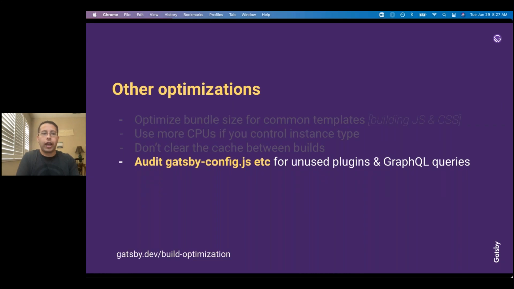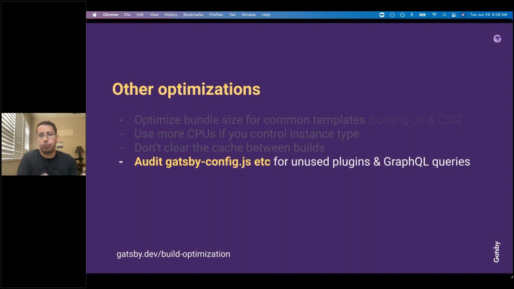So you can audit your Gatsby config for unused plugins. Sometimes you add a plugin and maybe it's not super useful, and then you forget to remove it. We've all been there. You may want to just take a look back and see what you're using. Similar for GraphQL queries. Maybe there's some code in your gatsby-node.js file. Maybe some of your queries are pulling models that you don't need.